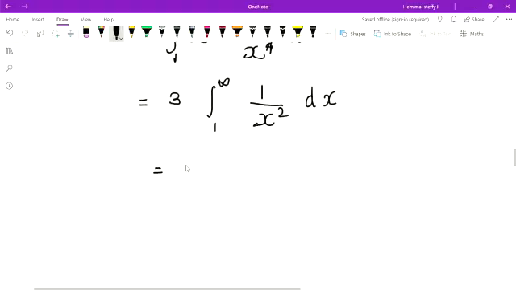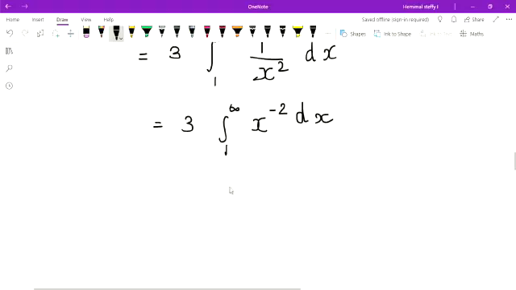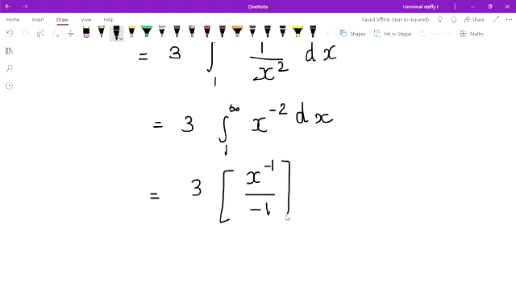Next step, I will bring down the x square from above. It changes to x power minus 2. Then taking the integral of x power minus 2, it gives x power minus 2 plus 1, which is x power minus 1, divided by minus 1, from 1 to infinity.